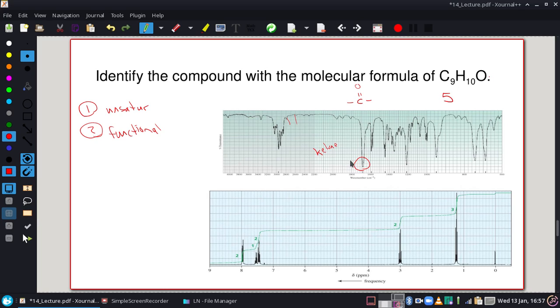All right, now, we can point out that this is a little bit lower than we expect for a ketone, but that's acceptable. We have this other peak right around 1600, which is a good indication that you have a carbon-carbon double bond, and it's either a benzene ring because it's so low, or they are conjugated to each other. That's about the only reason both of those would be shifted.